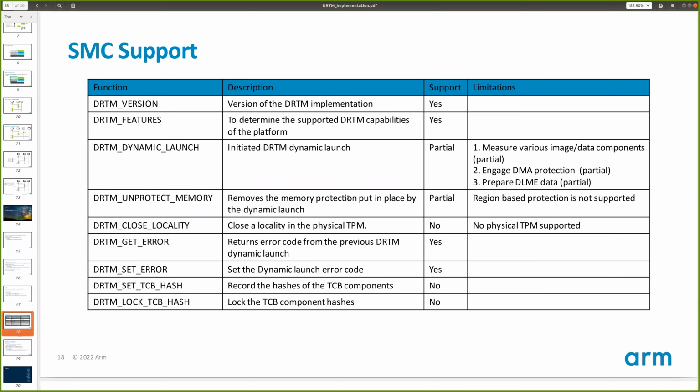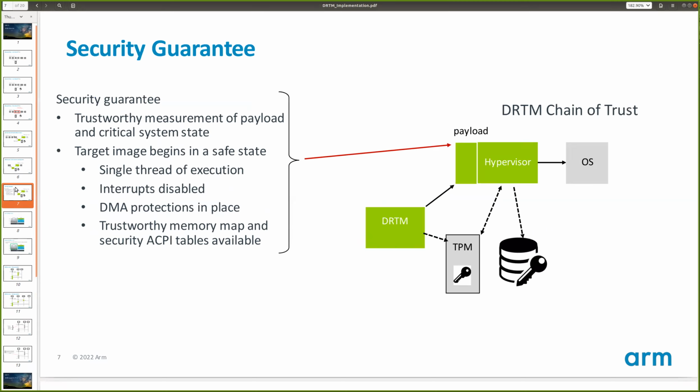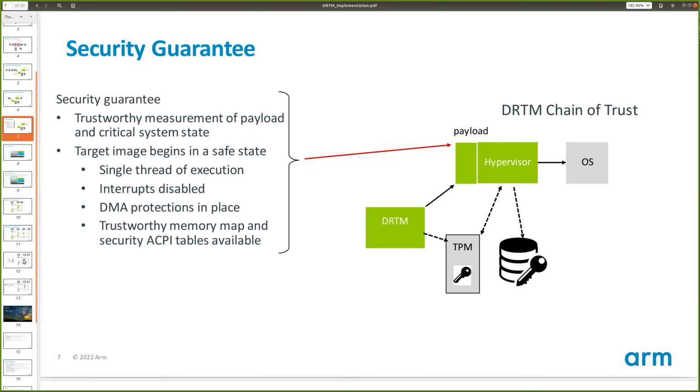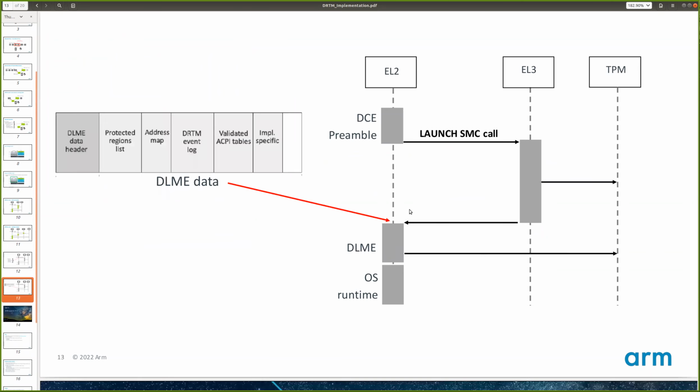Sorry, quick question. Yeah, go ahead. Is the DLME data built into tables or something into the image? Does that come from non-secure? No, it comes from the DC preamble. Yeah, go ahead, Stuart. The DLME data is provided in memory by the DRTM implementation.